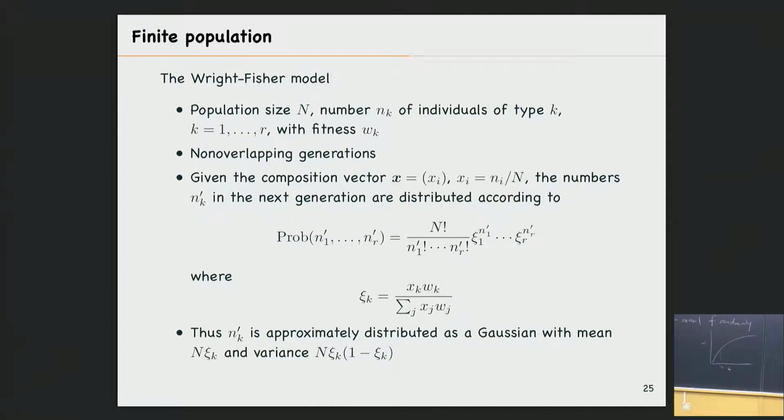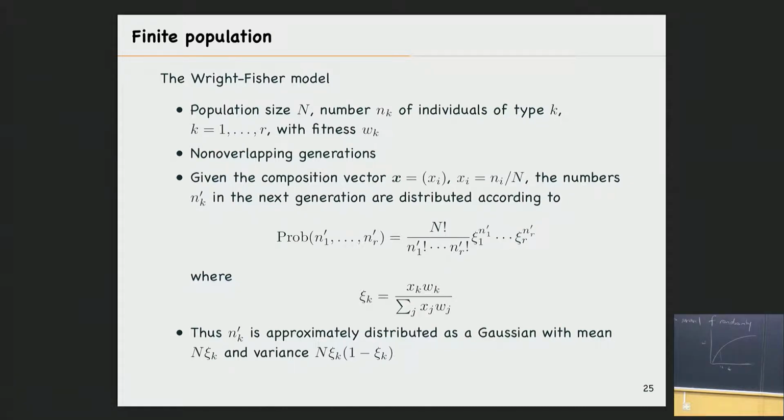So it's really a multinomial sampling, in which the probability of being chosen is given by the frequency in the previous population times the fitness of that type, normalized by the average value of the fitness over the whole population.